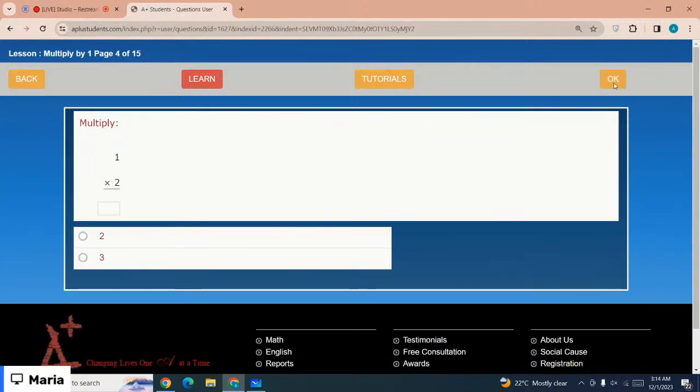Next, 1 times 2, which is the correct option? Yes, the correct option is 2. 1 times 2 equals 2.